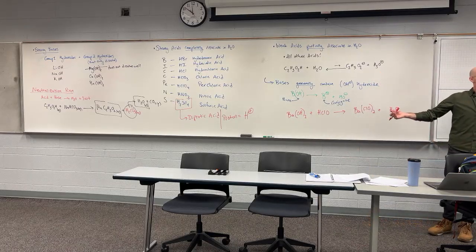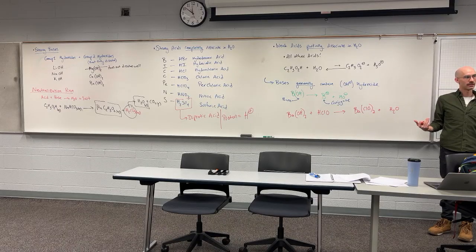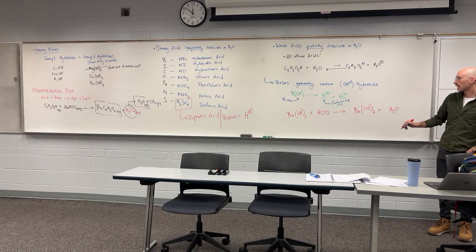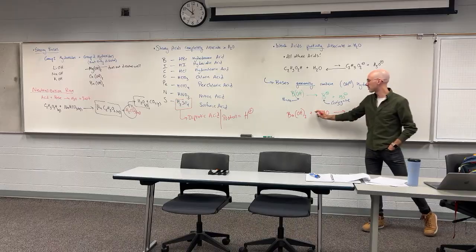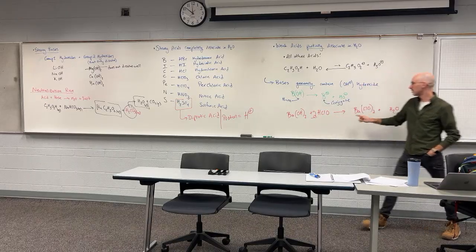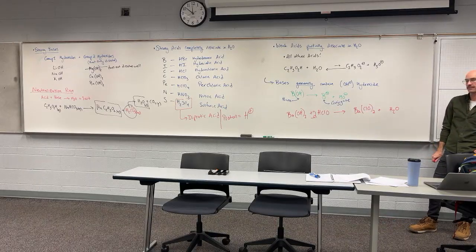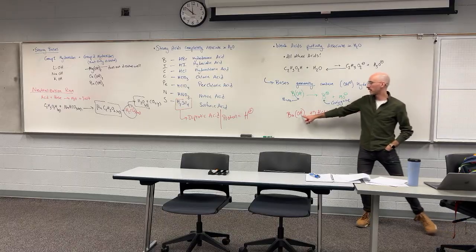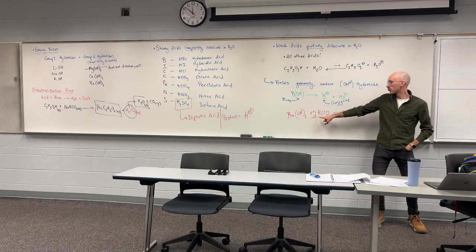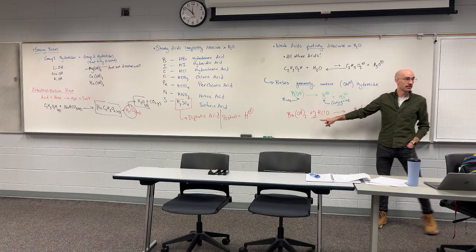Is this chemical equation balanced? What coefficients can I add to balance it? I need a 2 in front of HClO because I need 2 of those hypochlorite ions. I've got 2 hydroxides, 2 H+s.